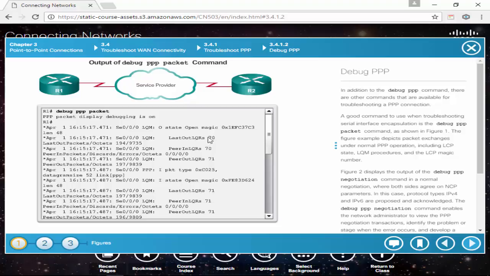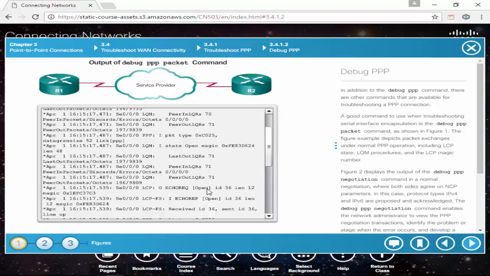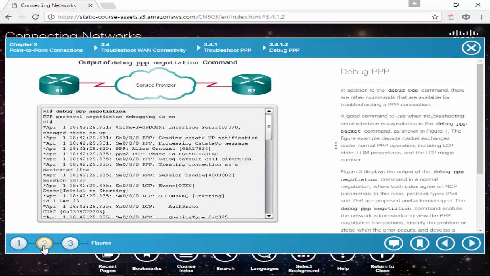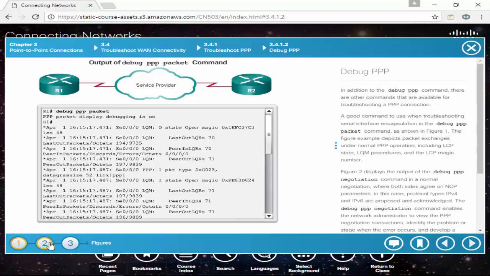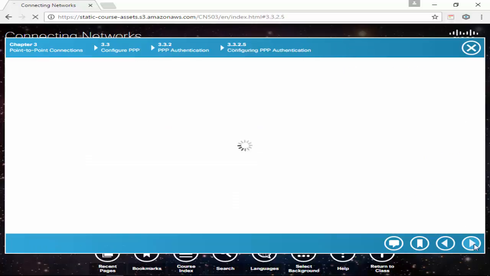Let's see, so debug PPP packet. This is what you're going to see, right? And what you're looking for is, I believe this is the one, let's see. No. PPP negotiation. PPP packet, this would just be showing us the information.